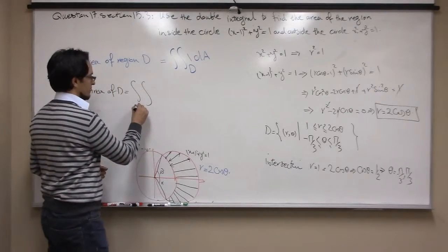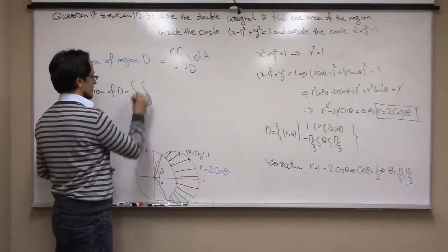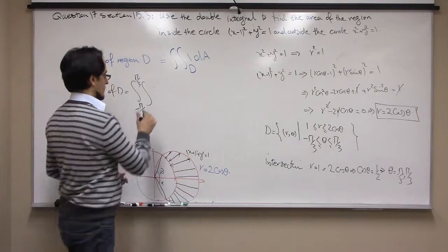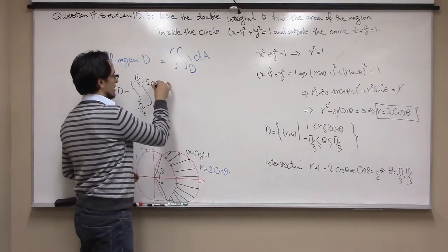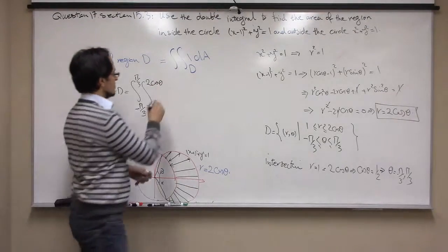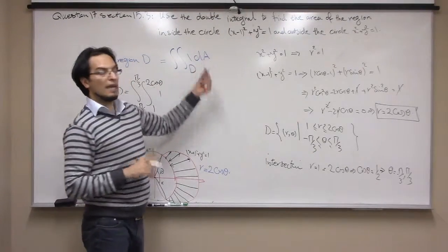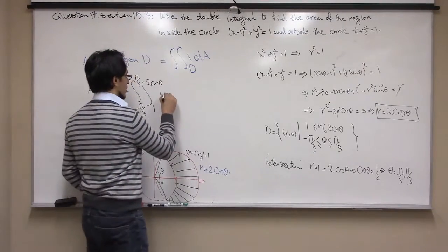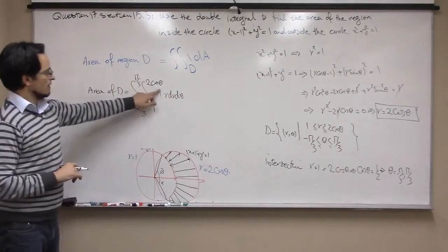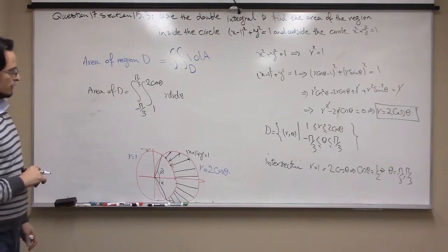First thing is go from negative pi over 3 to pi over 3. Go from 1 to 2 cosine theta. And then 1 is here, so 1 is there. dA in polar coordinates is R dr d theta.